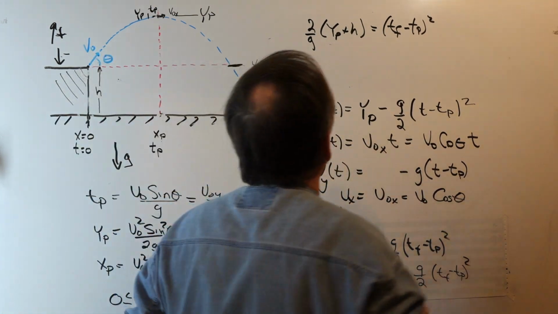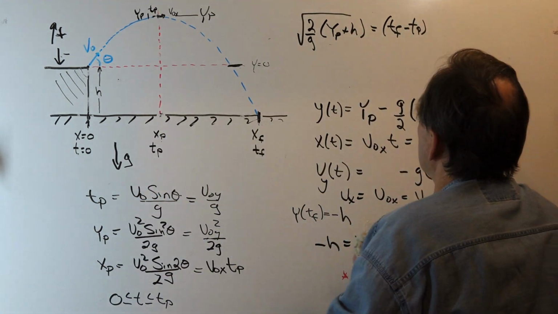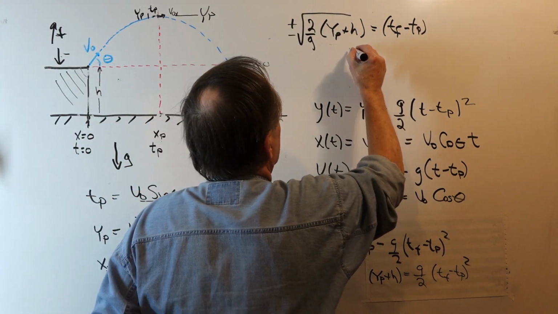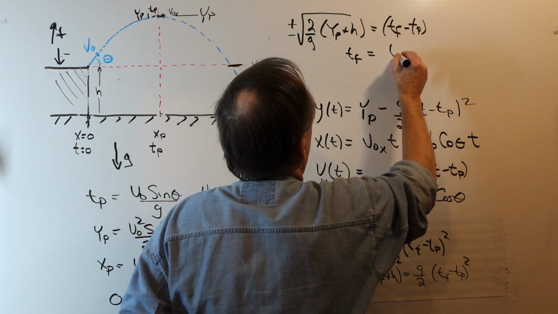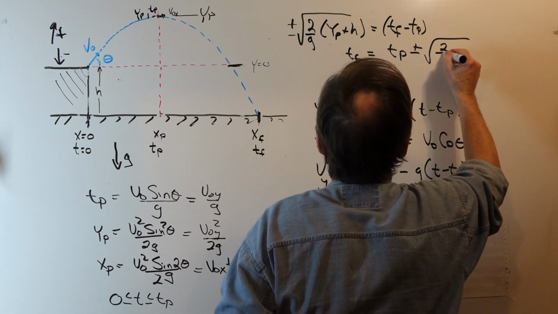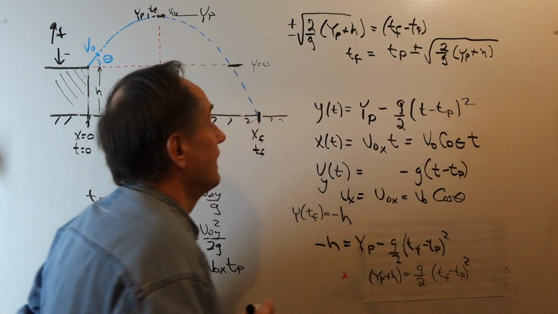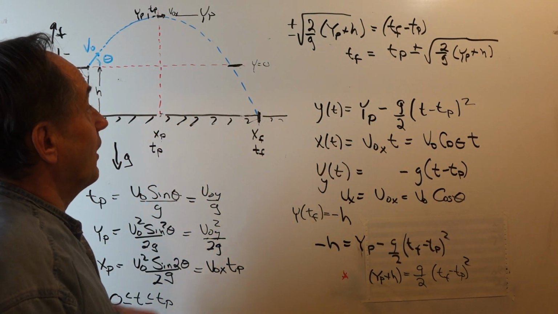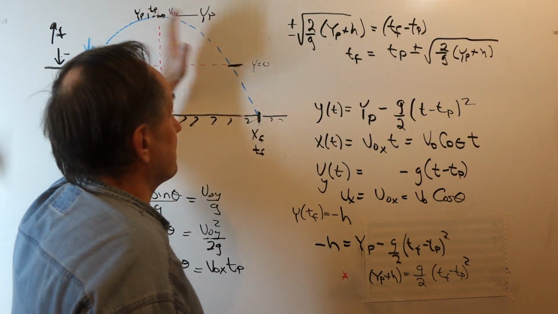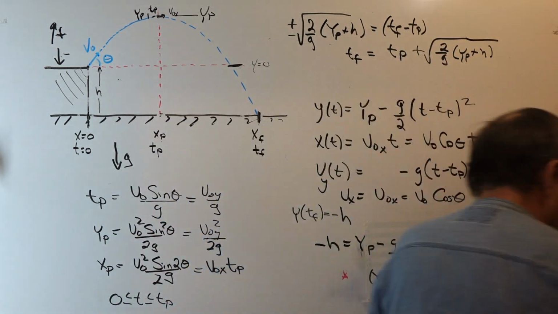Well, if we take the square root of both sides, we get rid of the square here, and when you take the square root of both sides, you end up with a plus and minus root. So the final time then will be t peak plus or minus the square root of 2 over g times y peak plus h. Now we can decide which sign to take, plus or minus. Well, the final time has got to be greater than the t peak time. Time is progressing, so we choose the positive sign here to give us the right value of time.